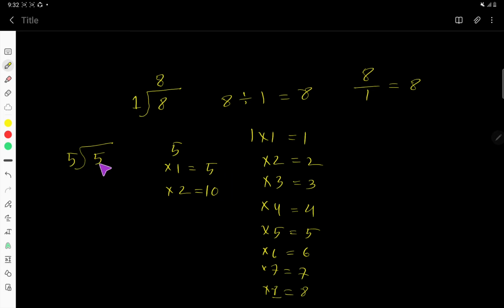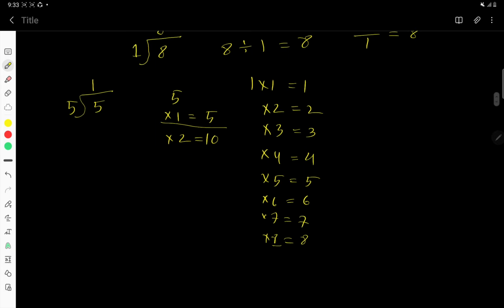Since 10 is greater, we have to stop here. 5 goes into 5 1 time. Just add 1, then multiply. 1 times 5 is 5. If you subtract, you get 0. The rule is, when the divisor and the dividend are the same number, the quotient is always 1.